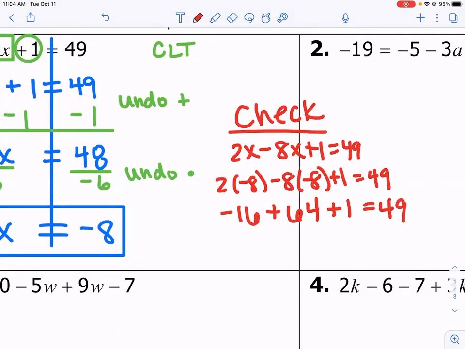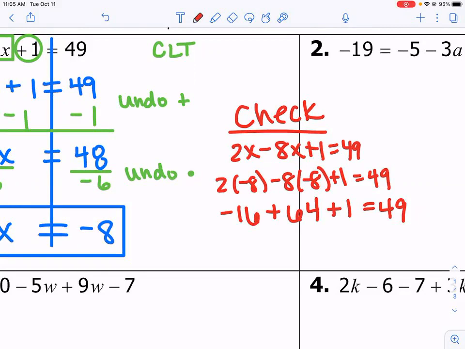In your calculator, is negative 16 plus 64 plus 1 equal to 49? Yes. Bronson's going to figure it out for us. It does? You did it in your head? It does.